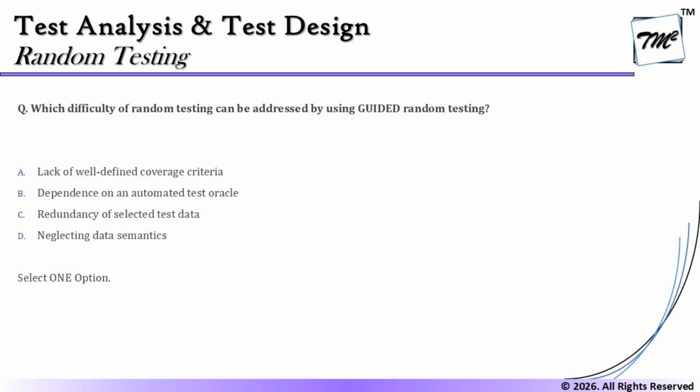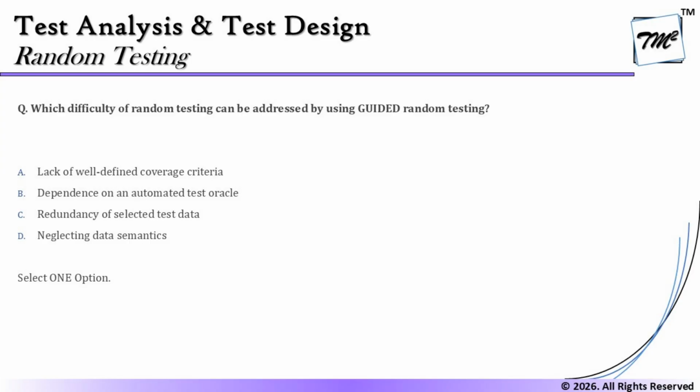So dependency on an automated test oracle is not a difficulty that guided testing addresses. But if you talk about C, redundancy of selected test data can be avoided by modifying the probability distribution, and of course drawing an element each time from those which are not yet drawn, and that's where it adds value. So it looks like a great option.